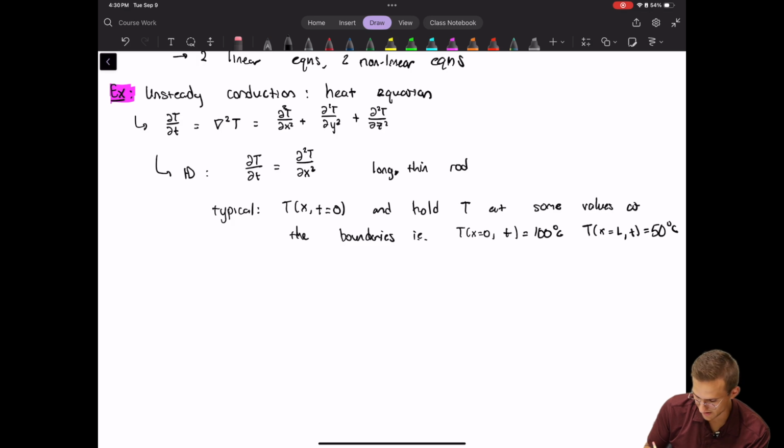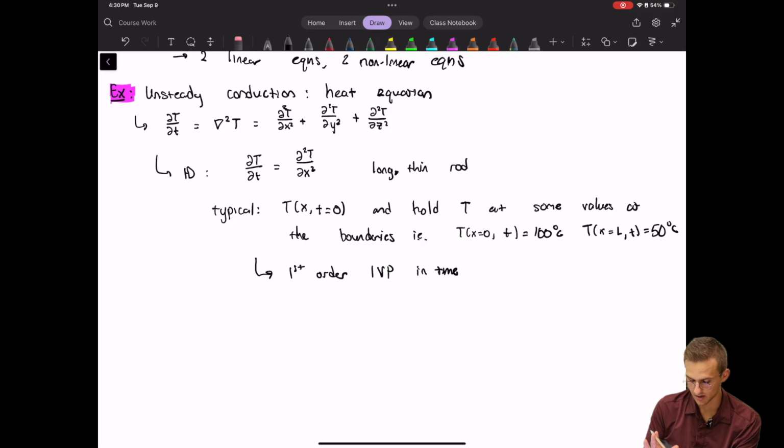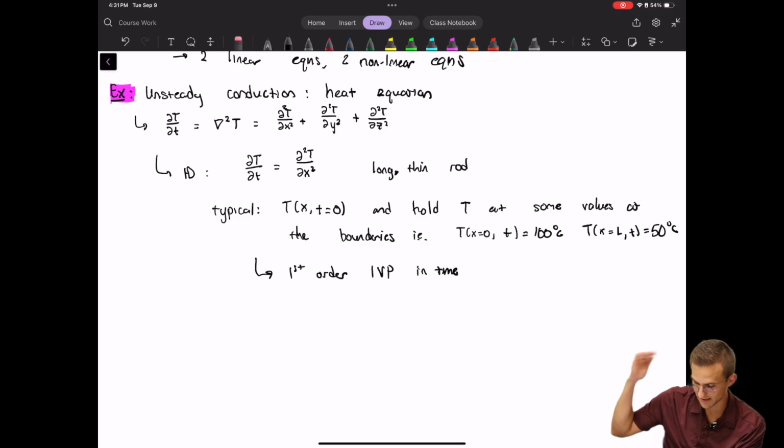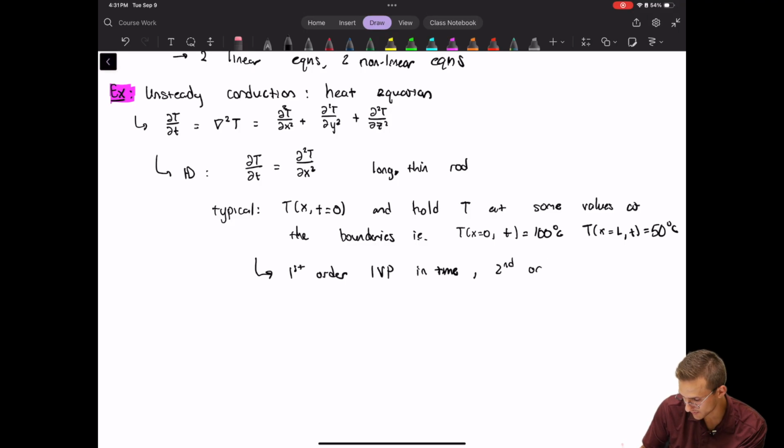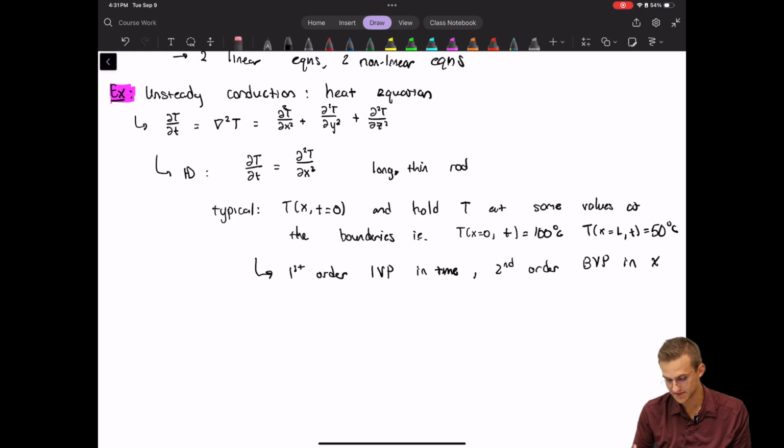In that way, this partial differential equation is a first order initial value problem in time, because along the time axis, you specify everything at t equals 0 and then allow it to evolve in time. And then it's a second order boundary value problem in space, or in x, which is where you see those two values being specified at the boundaries.